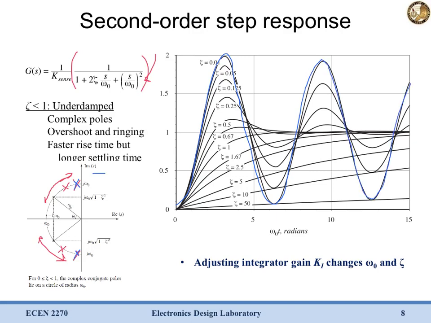And in fact, if you're close enough to this axis with these poles, your system is simply going to ring forever, and it's going to be fairly unstable. You can imagine that's not what we want to do with our motor. We'd like to give it a reference voltage and have it go to that speed without just ringing around our desired state forever.